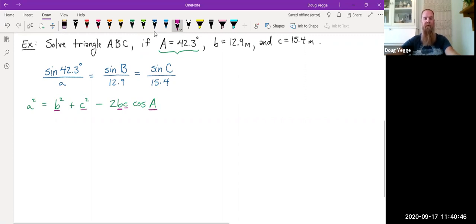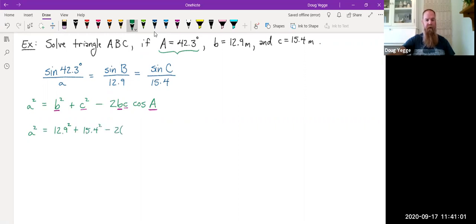So all this is a matter of plugging in our values and giving us A squared is equal to 12.9 squared plus 15.4 squared minus 2 times 12.9 times 15.4 times cosine of angle A, which is 42.3 degrees.